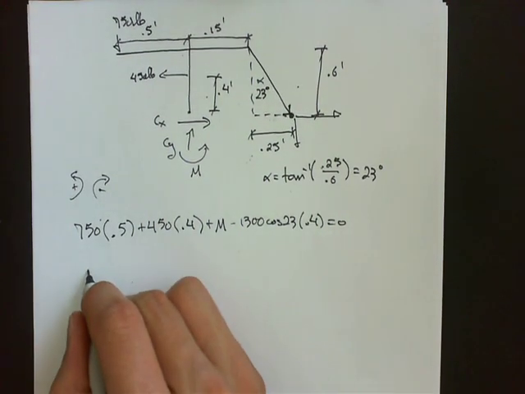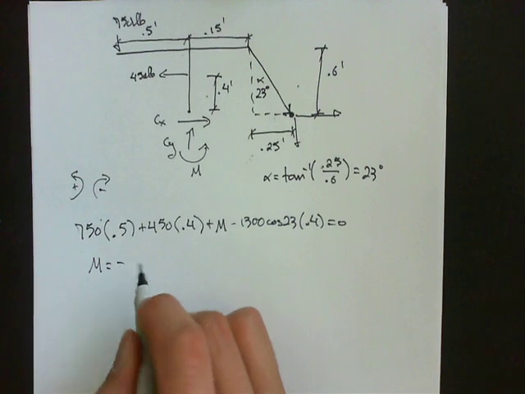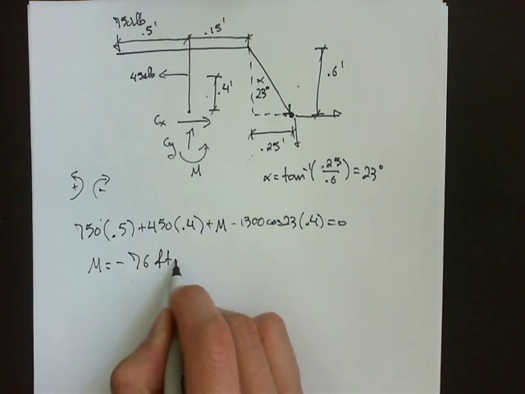So if you solve for it, you will get M equals negative 76 foot-pound.